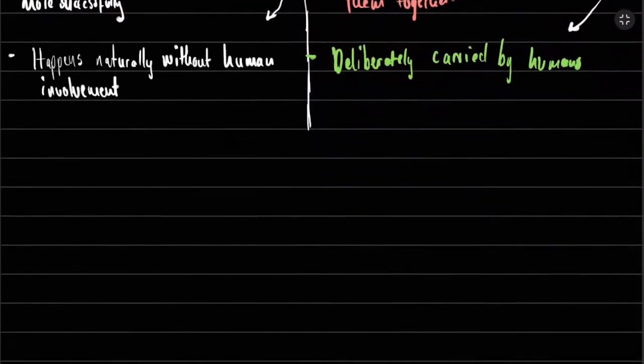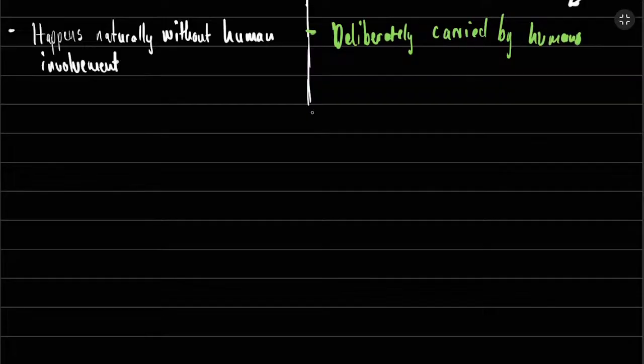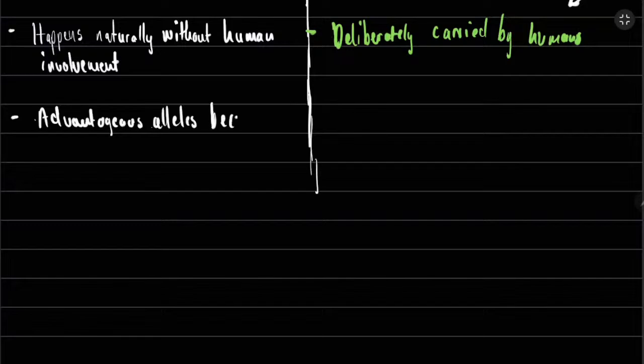Here, advantageous alleles become more common. Okay?